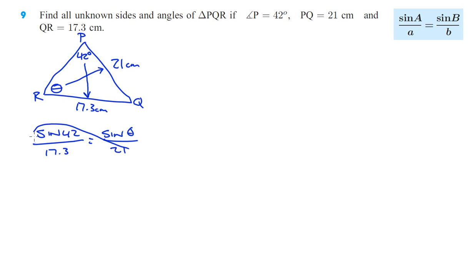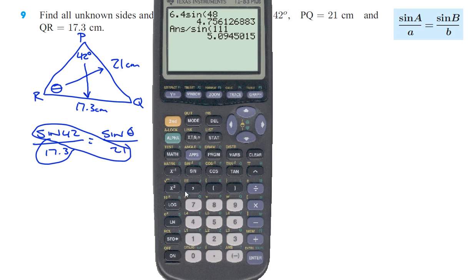So again, we'll still do cross products, right? So bringing out our calculator here, we have 21 sine 42 gives us 14.05. We're going to divide that by 17.3, and that gives us 0.8122.